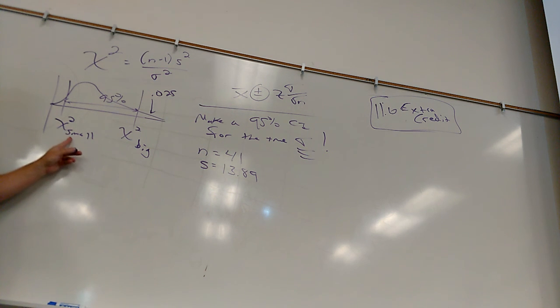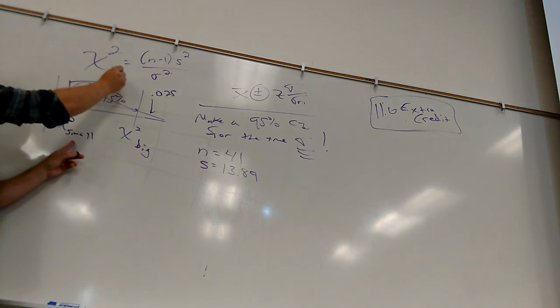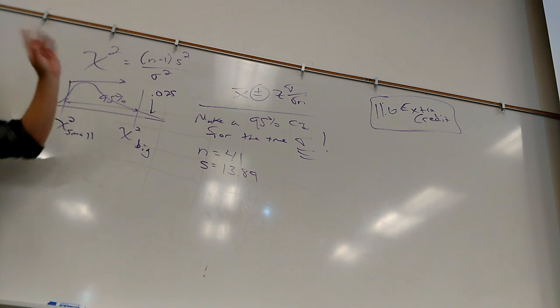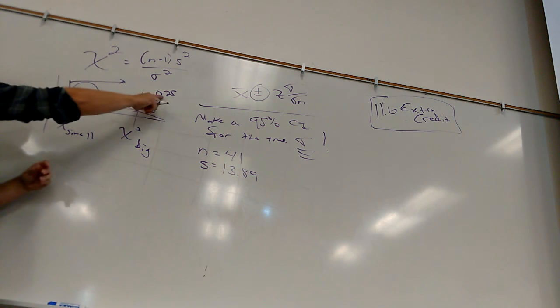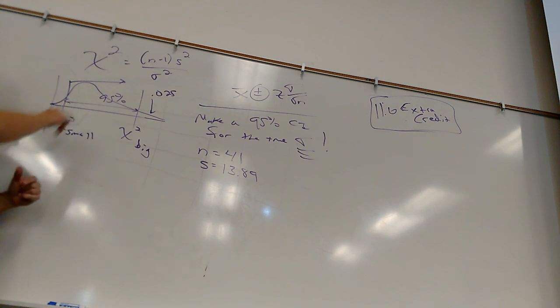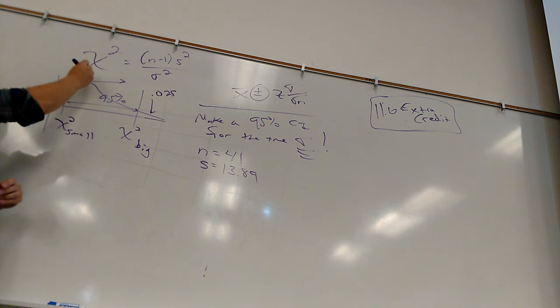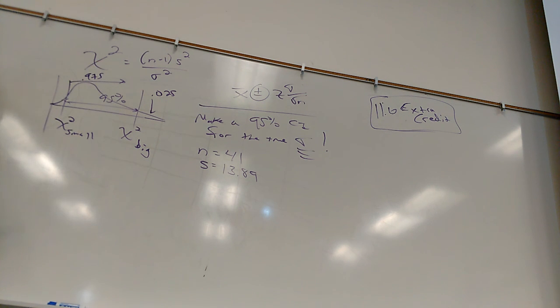I also want this other value. What's to the right of it? What's here? 0.025. So what's above it? In fact, you can kind of see it: 95 plus this, so it's going to be 0.975.